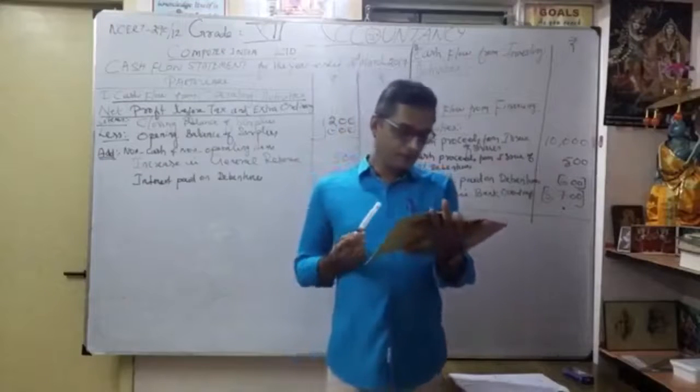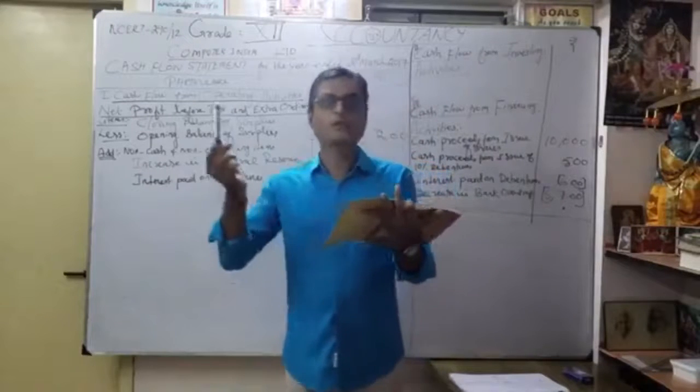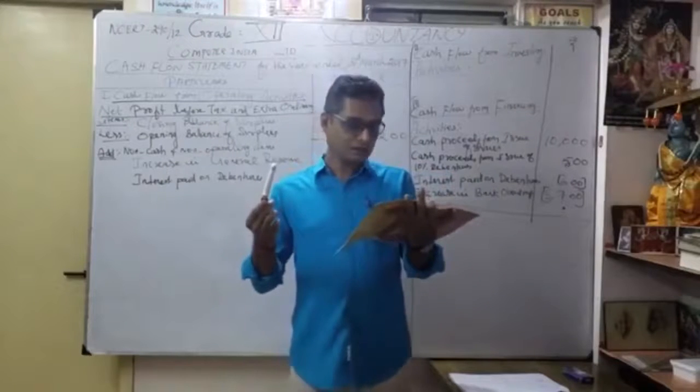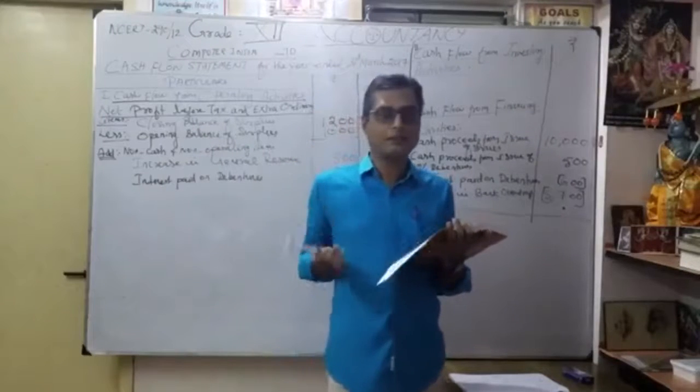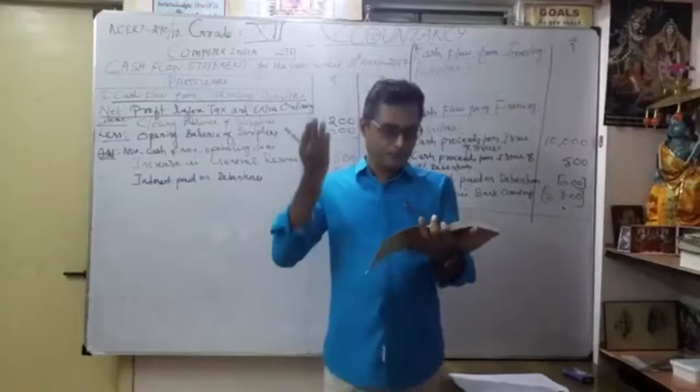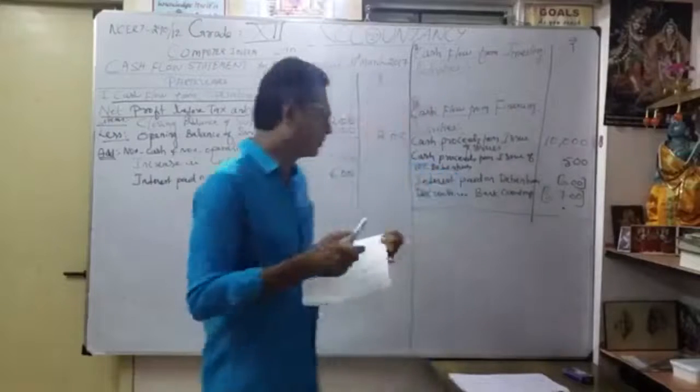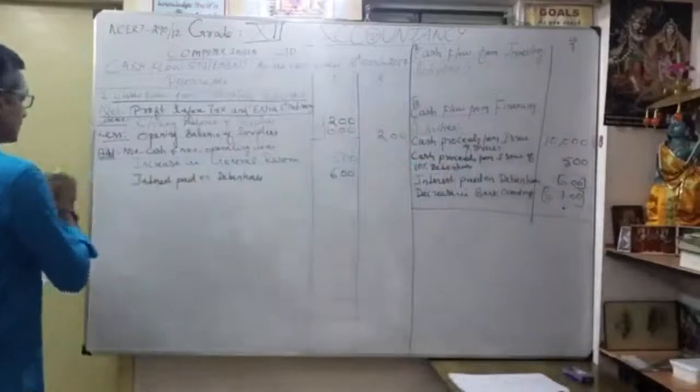So what happened? Trade payables 2016 12,000. Now 2017 become 11,000. So what happened? Our current liability, increase or decrease? It is decreased. You know very well where you have to write. So give some space.